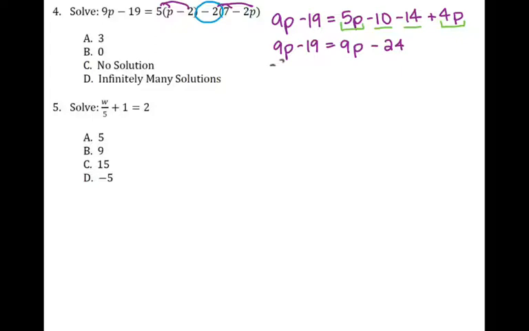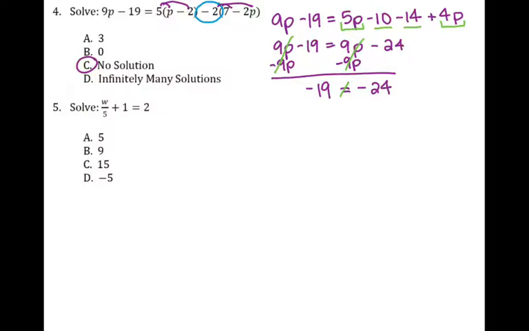So I am going to subtract 9p from both sides. That gives me negative 19 equals negative 24, because my 9p minus 9p gives me 0. Now, does negative 19 equal negative 24? Of course it doesn't. Okay, so that is a false statement, which means there is no solution to this equation.